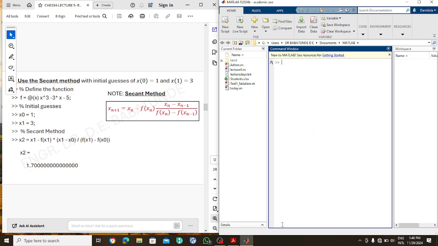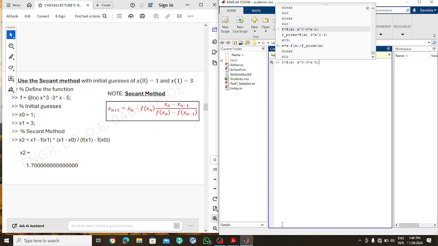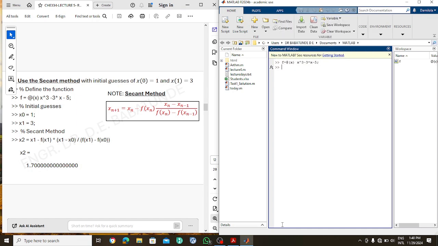Okay, so what's the first thing we need to do? Let's have our function, right? So it's easier to use the approach that I used initially to define a function instead of typing that equation often and often where it needs to appear.